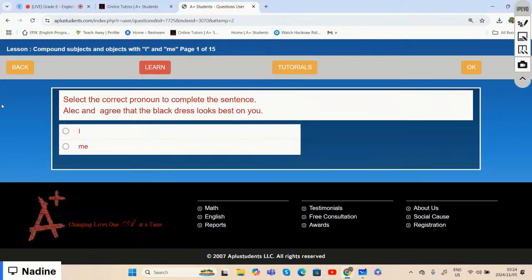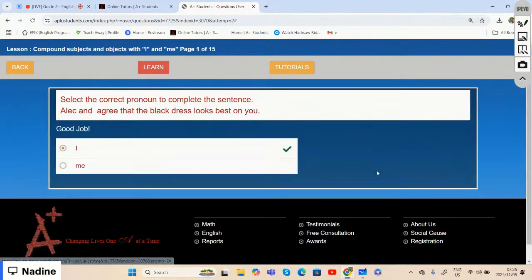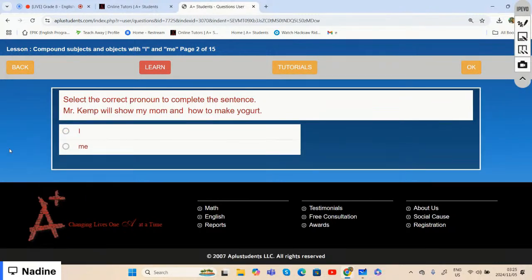Option one or option two? And if we were to choose the correct option, then we will say Alec and I agree that the black dress looks best on you. Alec and I.